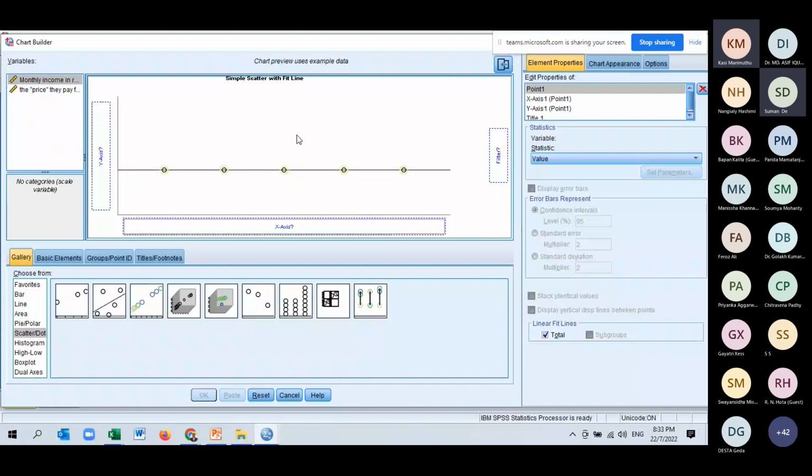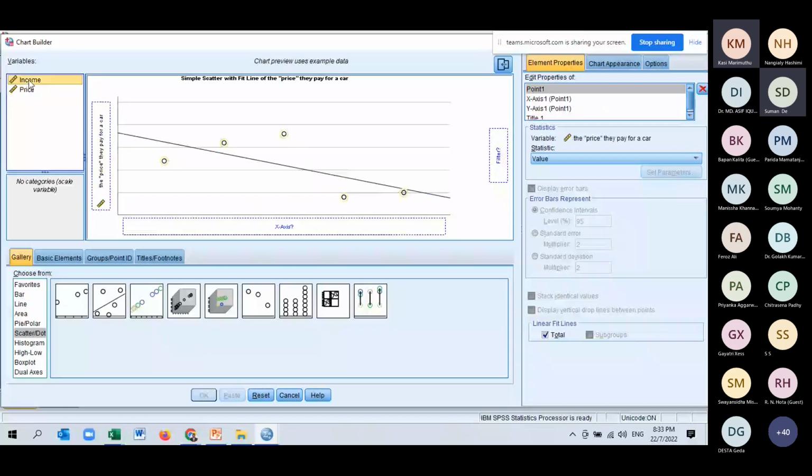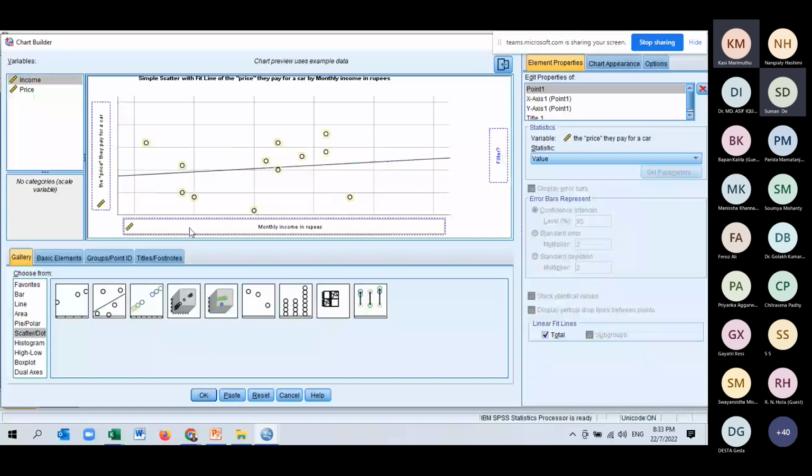Many times I repeated. Price, the dependent variable, should go into the y-axis. Income should go into the x-axis. Agree? Then click OK. You don't need to make any changes.